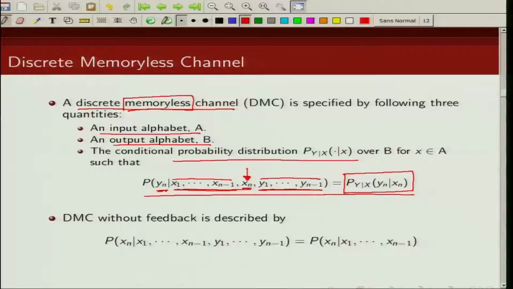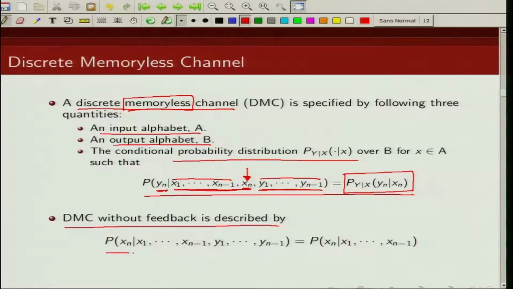So probability of yn given x1, x2, up to xn, y1 to yn minus 1, it only depends on probability of yn given xn.